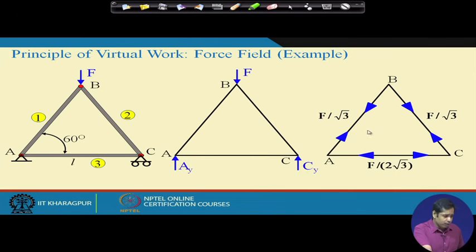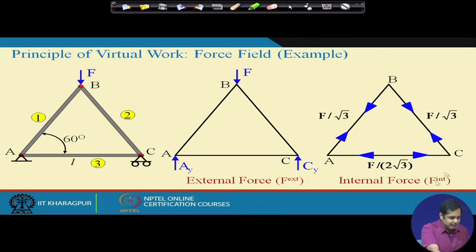Okay. This is how, if you remember, we show the member force. If it is shown in one way in the member, this means the member is in tension, and if it is shown the other way, this means the member is in compression. That is the sign convention we are following for members. So these are the forces in different members. Now, this is the external force field and this is the internal force field, and this is F external and this is F internal.